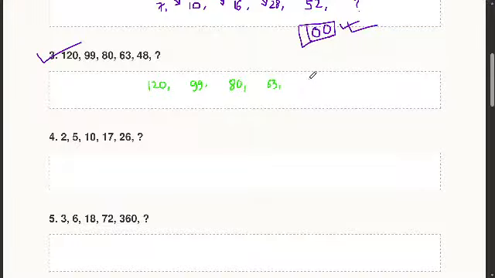This is 48. This is what? So we have to find out this. Okay, so 120 and this is 99. This is 80. What can we see?